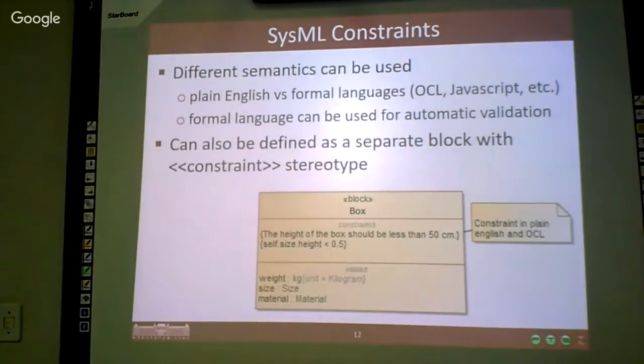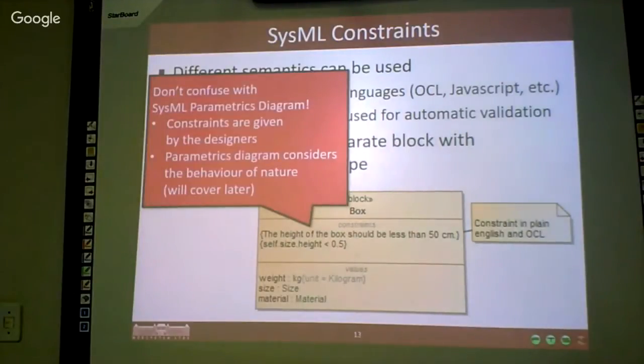And if you use a formal language, as we did also in the AutoSAR model, then you can do automatic validation. These constraints can also be defined in SysML by using a separate block. And what is important here is that the constraints refer to your designed system.